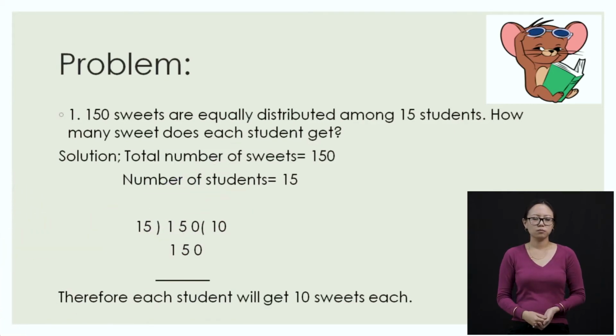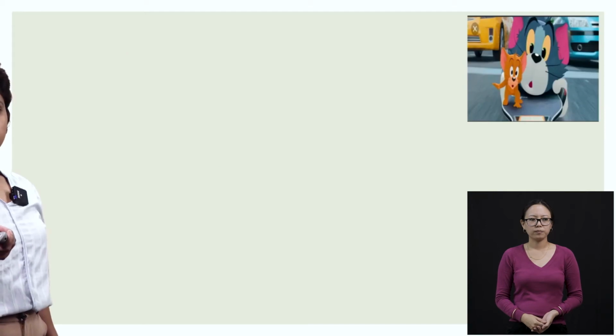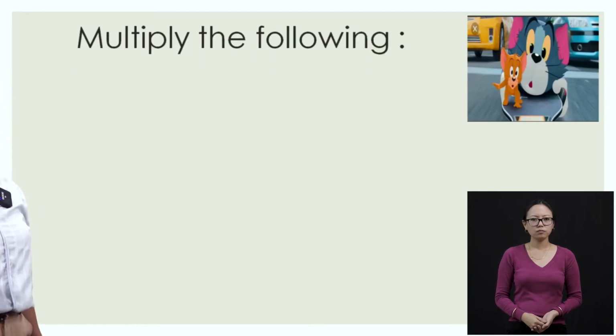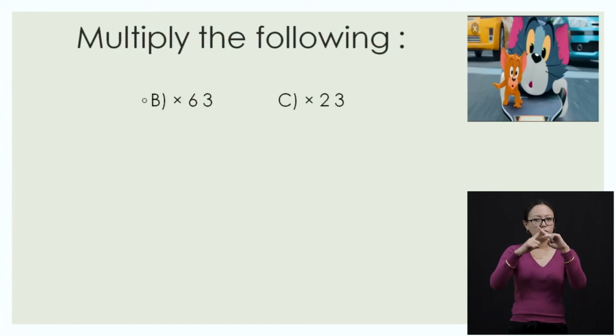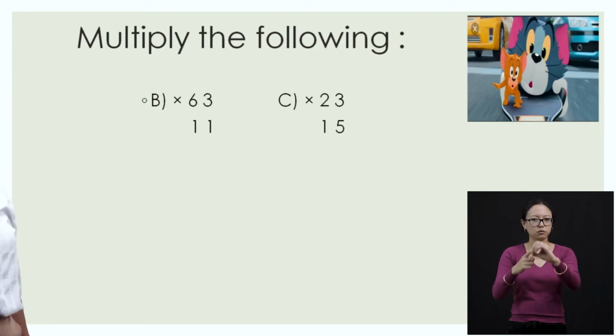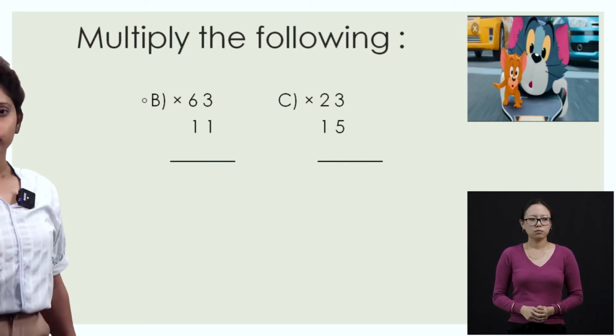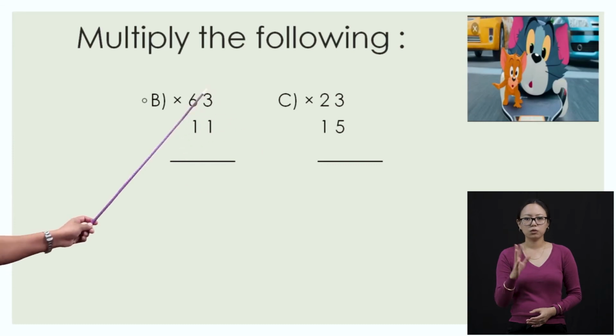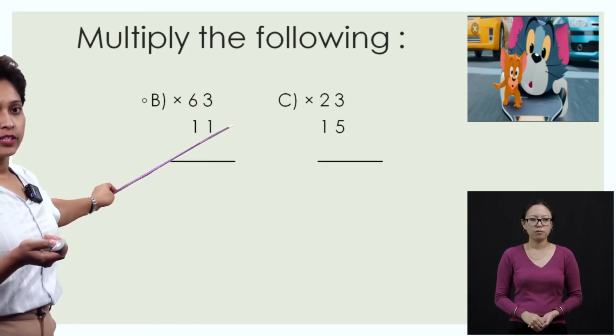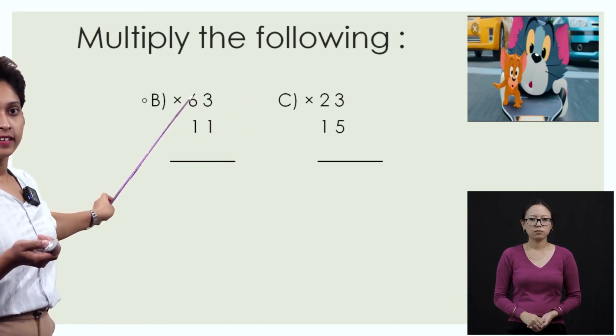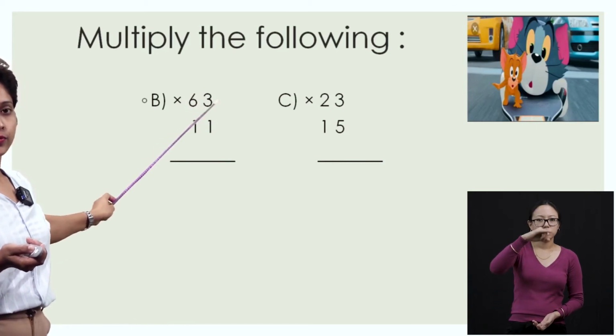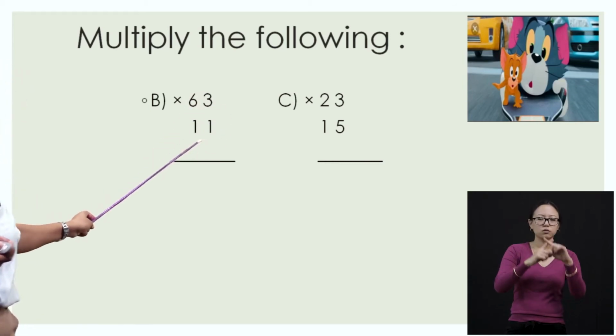Next, we will do another sum, that is multiply the following. These are with two-digit numbers. Students, see here: 63 multiplied by 11.